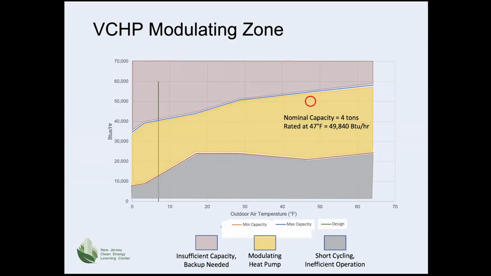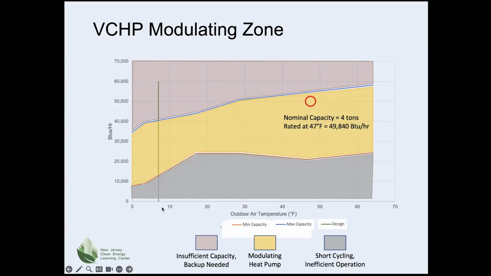In this particular case, we're looking at a nominal 4-ton capacity unit at 47 degrees. So that's indicated by this red circle. The upper line here in blue represents the upper limit, or the maximum or actual capacity of the heat pump that it can produce at a given outdoor air temperature on the bottom.